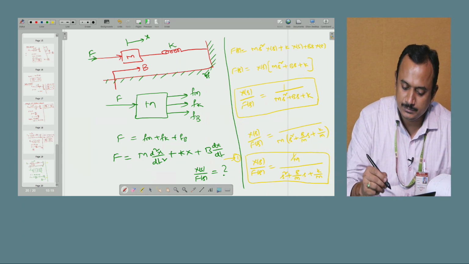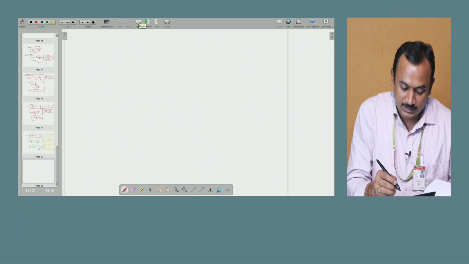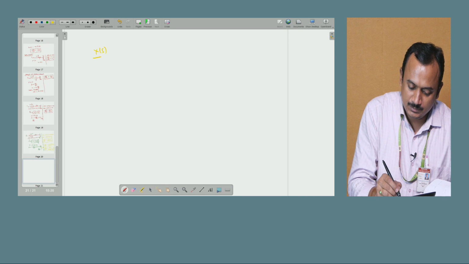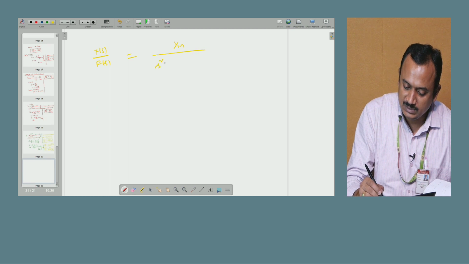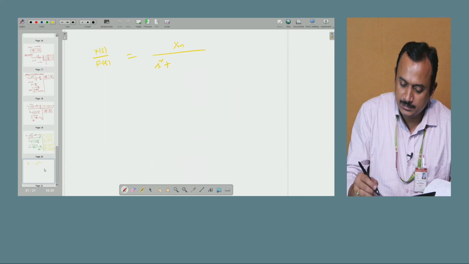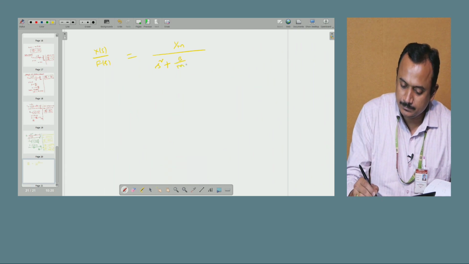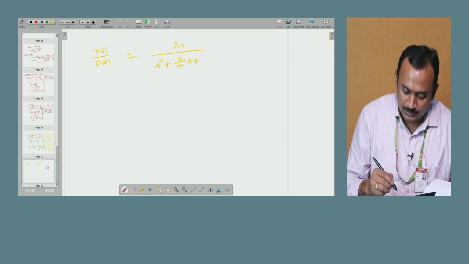With the help of this previous equation, that is x of s by F of s is equal to 1 by m, by s square plus b by m into s plus k by m.